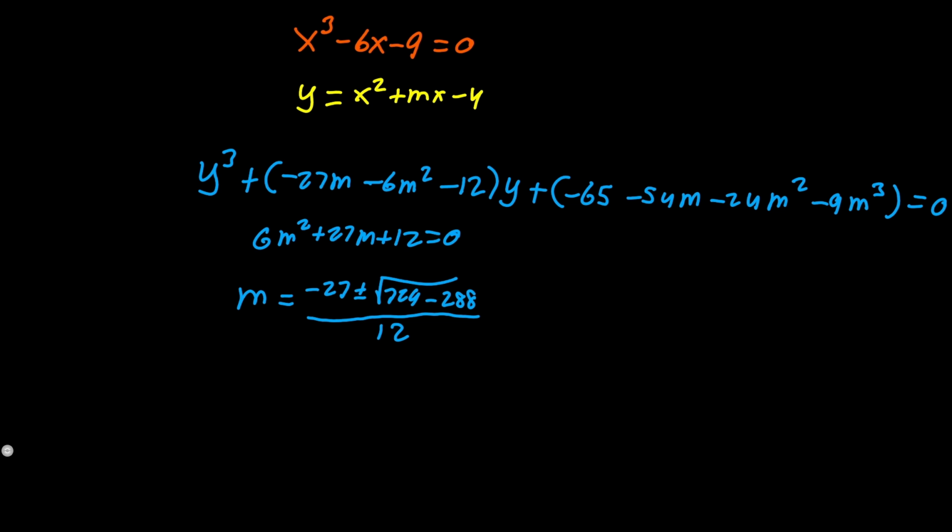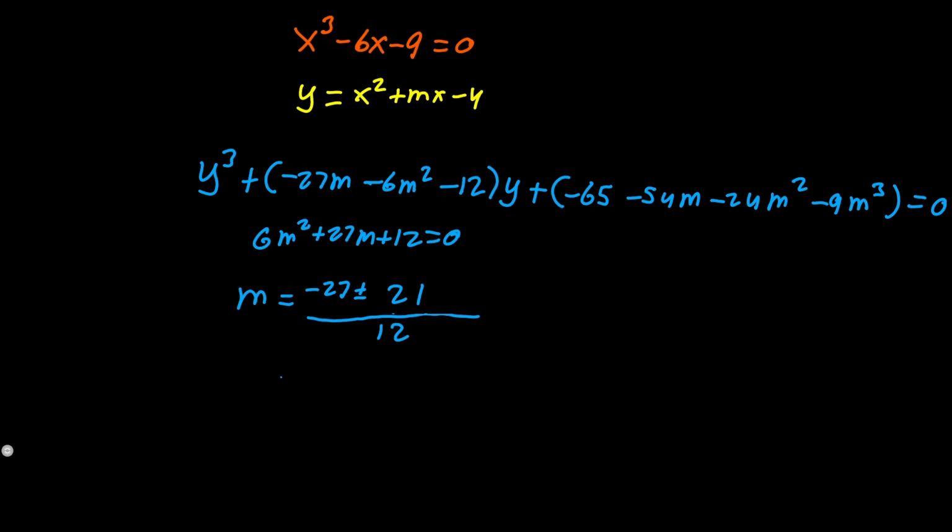And here we end up getting that 729 minus 288 will become 441. And the square root of 441 is the same thing as 21.